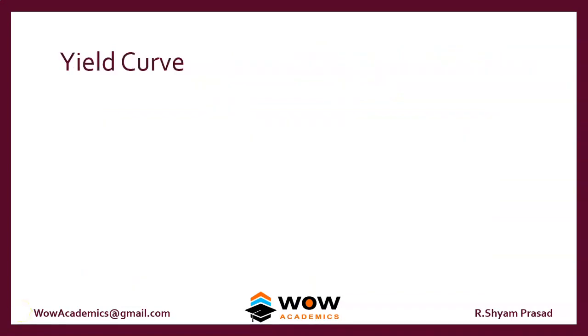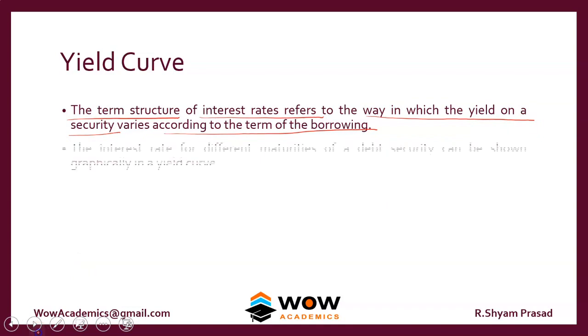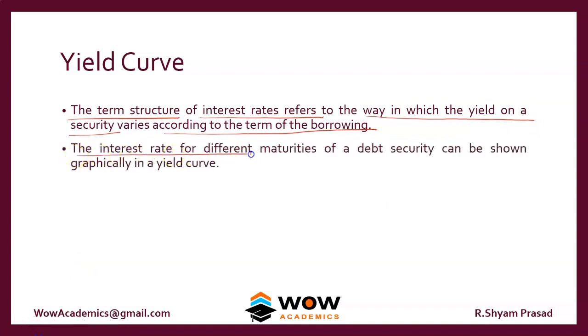So in this slide we'll be discussing the yield curve. The term structure of interest rates refers to the way in which the yield on a security varies according to the term of borrowing. The interest rate for different maturities of a debt can be shown graphically in a yield curve.